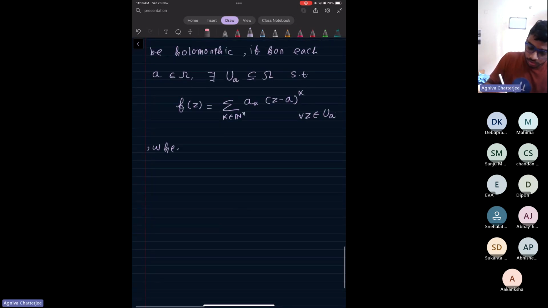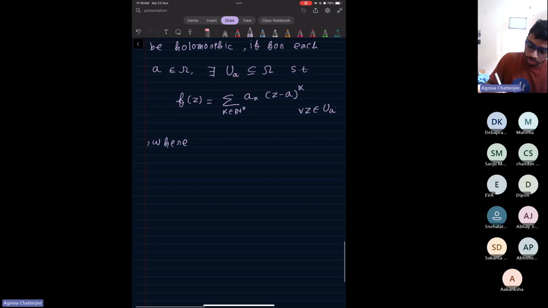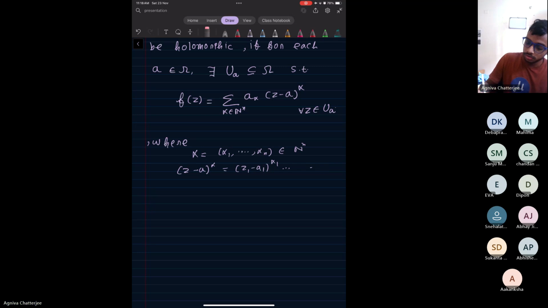These are standard notations in multivariable calculus, where alpha is an n-tuple in natural numbers, and (z minus a) to the alpha means (z1 minus a1) to the alpha 1 times and so on up to (zn minus an) to the power alpha n.